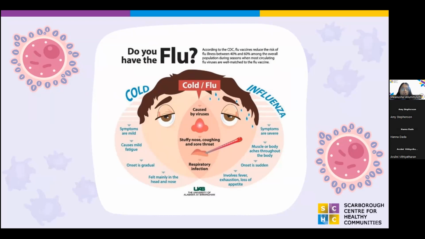You feel more muscle or body aches throughout your body, which last for a longer period of time. The onset is very sudden and involves symptoms including fever, exhaustion, and loss of appetite. In the middle are similar symptoms: stuffy nose, coughing, sore throat. They are both respiratory infections caused by viruses. So I hope that makes sense.